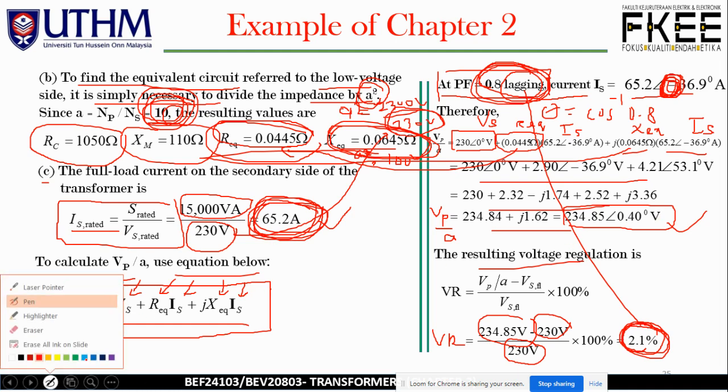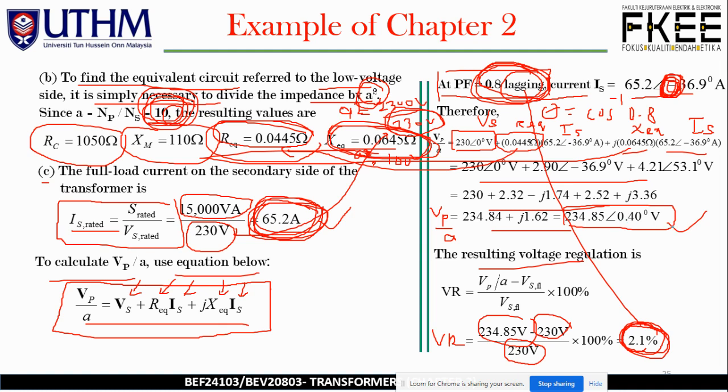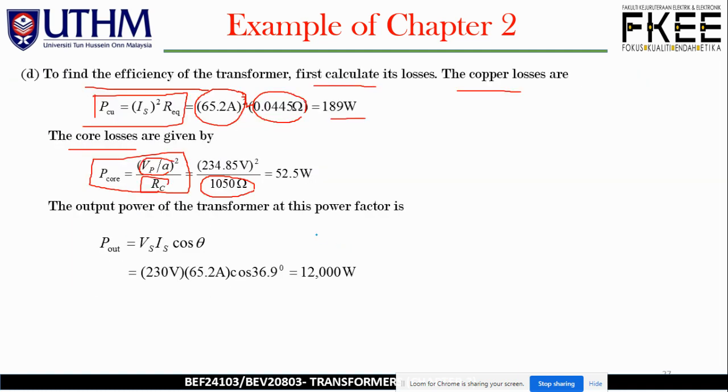We take the value of 234 as well as the Req because the question asks you to calculate the losses and the efficiency of the transformer under 0.8 power factor leading. So just pick the value 234.85, giving P core equal to 52.5 watt.